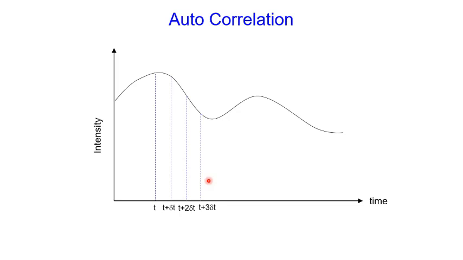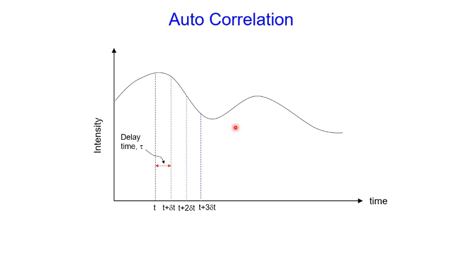Okay. And this time interval across which the signal is compared with the original signal is known as the delay time, and it is written as tau. Okay. So if you continue to compare the signal at larger and larger time intervals, there will be a time when the correlation will be completely lost.